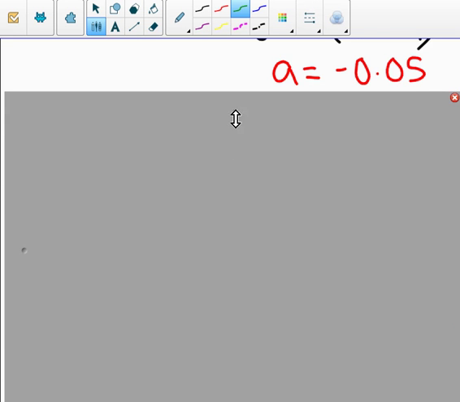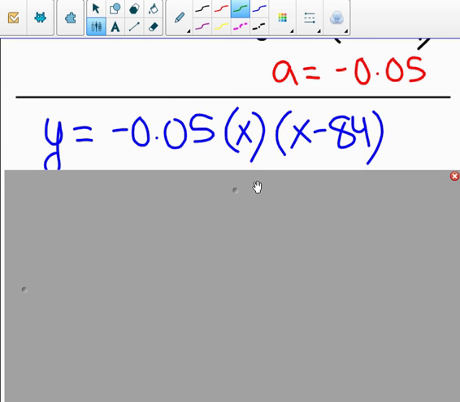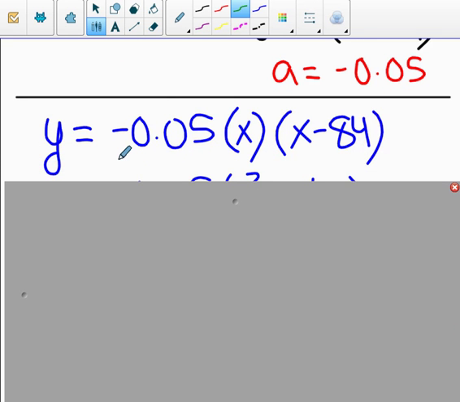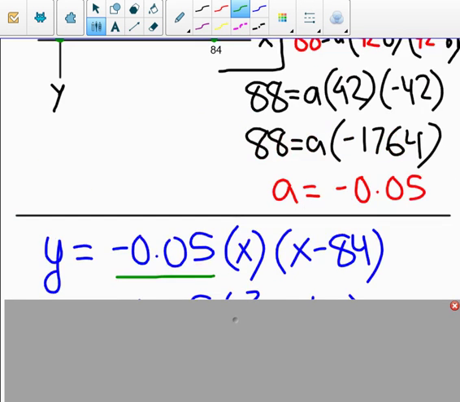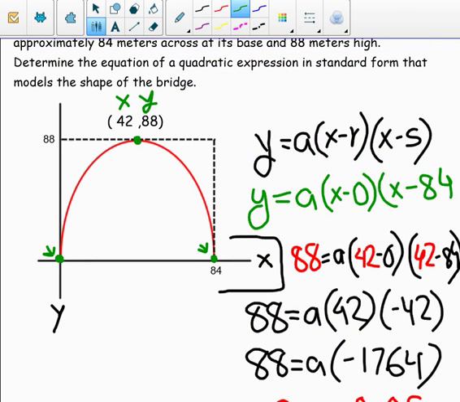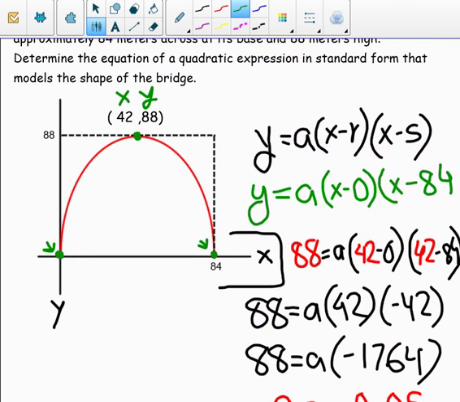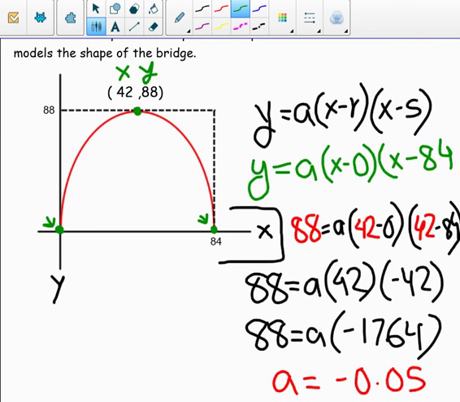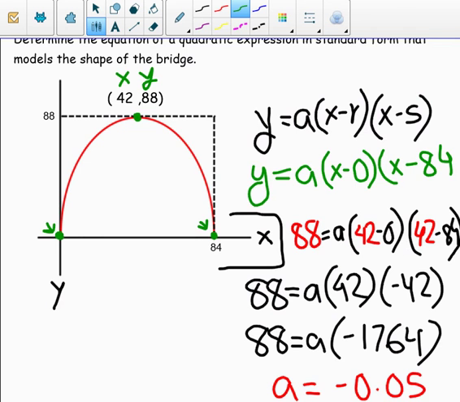Now we will use the equation, and we have a. Now we have x and x minus 84, because now we're finding the equation in standard form that models the shape of the bridge, which is basically the parabola. The previous equations were only to find a.